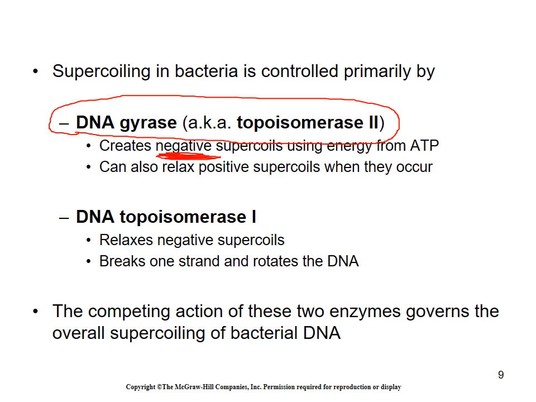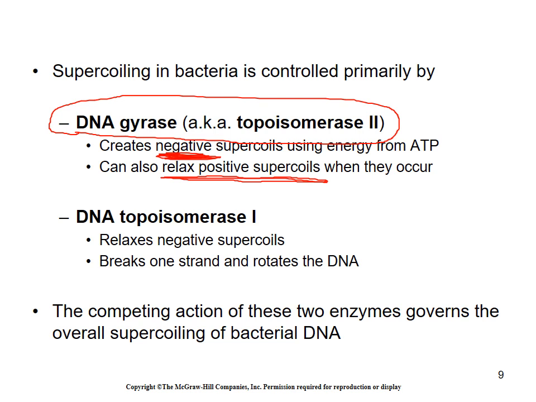It can keep intertwining your DNA, but we also know that it can change its overall rotation, thereby allowing some of the relaxation of the positive supercoils. So it can generate the negative supercoils by rotating more towards the left-hand side, but it can also stimulate relaxation of the positive supercoils, which are the more right-handed rotation.